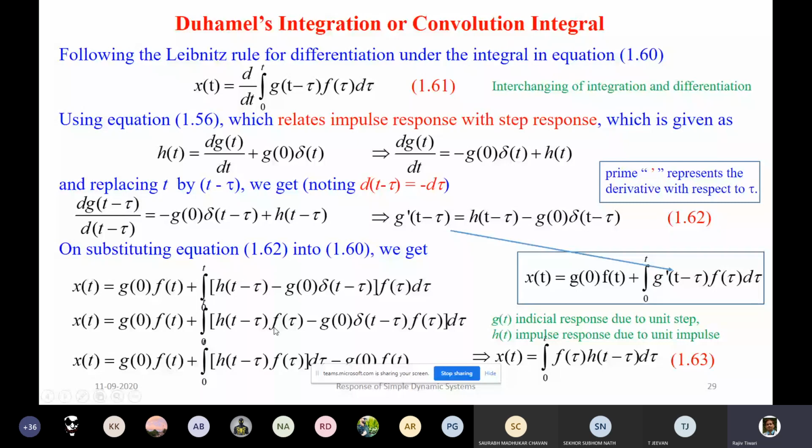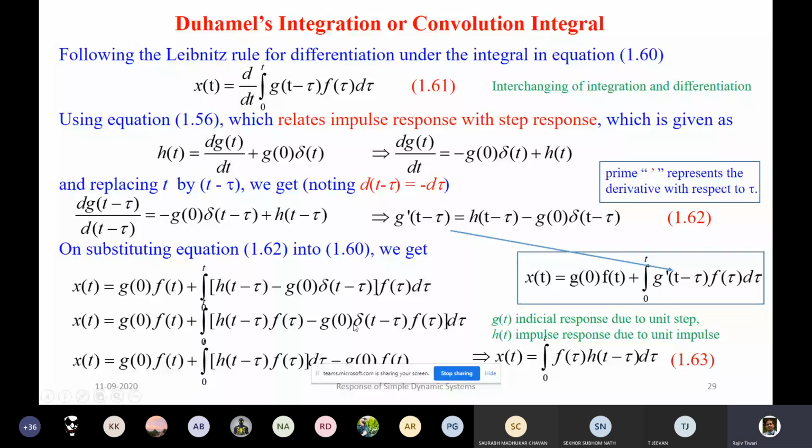So that is the expression. Then, now bringing the integration also inside. So you can see the first term is as it is, because it has the direct delta function. g naught is constant, so this will come out of the integration.